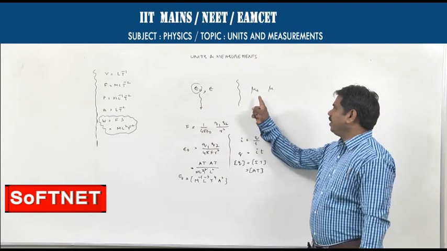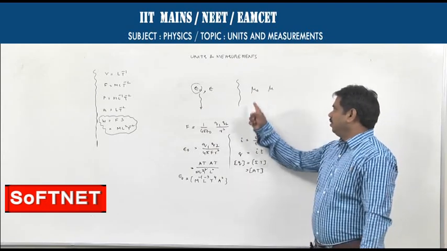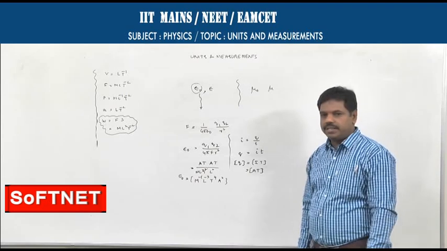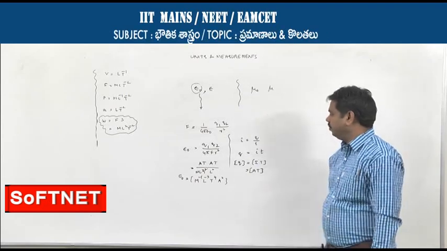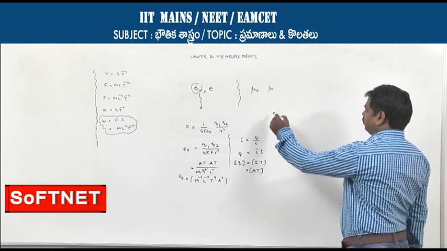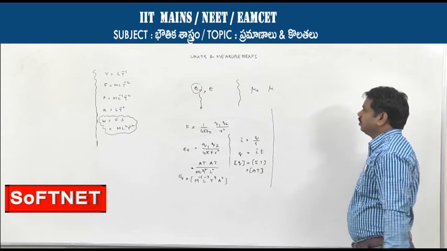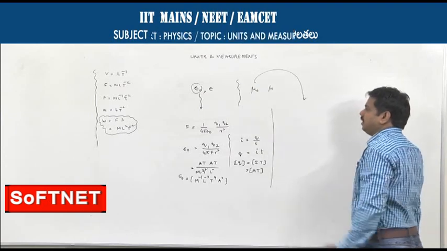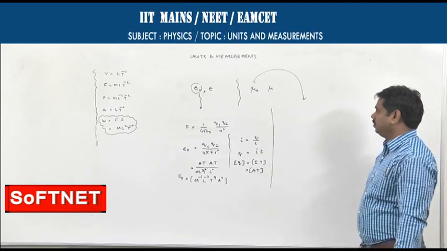And similarly, we can get the dimensional formula of the permeability of the free space or air. How to get that one? So any one relation regarding this mu naught we have to know.